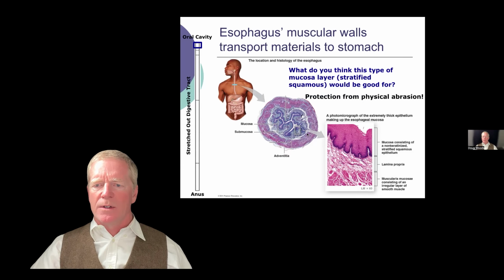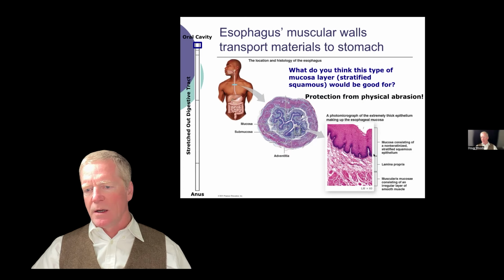The mucosal layer is there to provide physical protection from abrasion caused by foods. We're looking at a mucosal layer, here a lamina propria underneath the mucosal layer, and then a muscular layer consisting of smooth muscle cells.